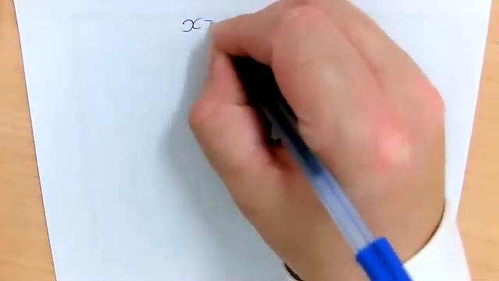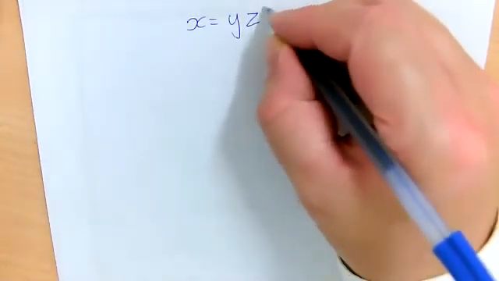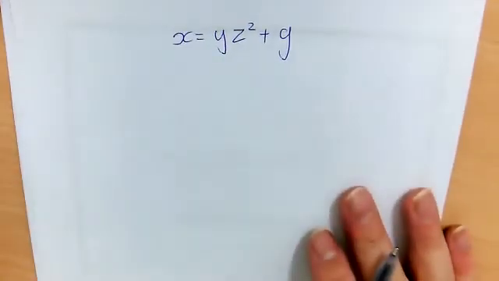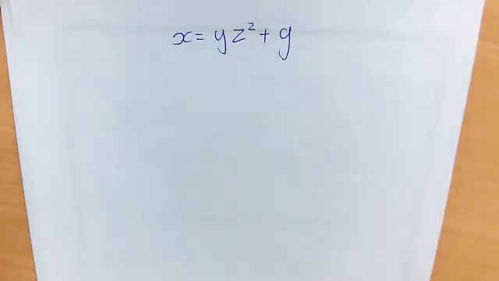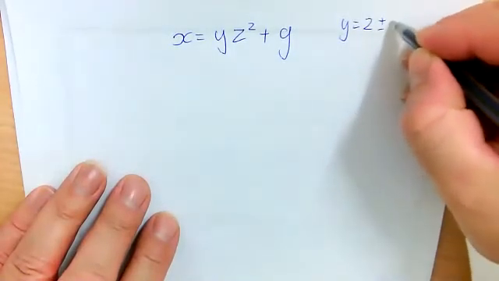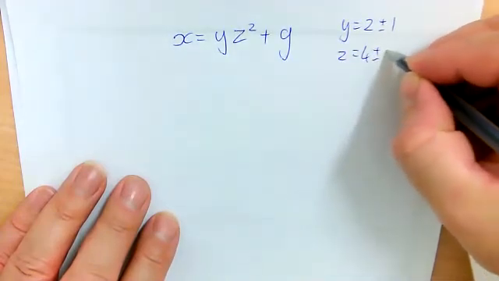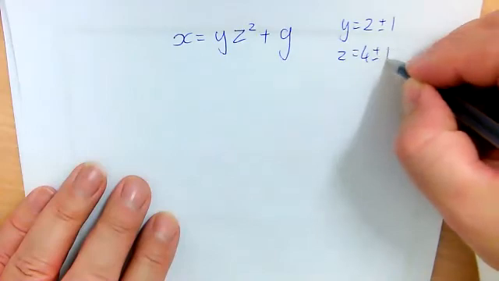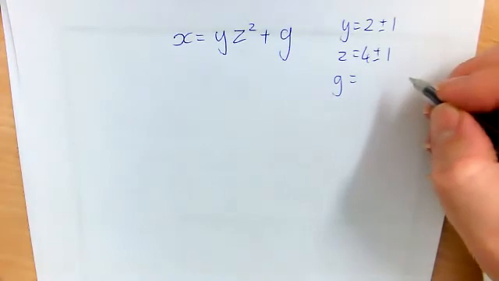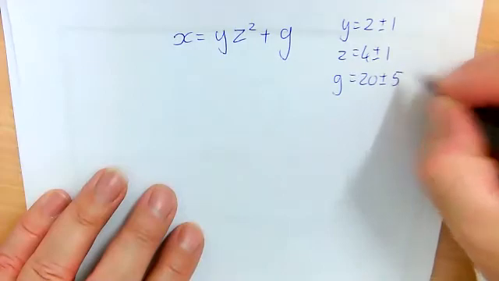If you've got, say, x equals y z squared plus g, let's say we've got something like that. Looks like a nightmare, but let's imagine that y is 2 plus or minus 1, z is 4 plus or minus, let's say 1 as well, and g is 20 plus or minus 5, let's say.